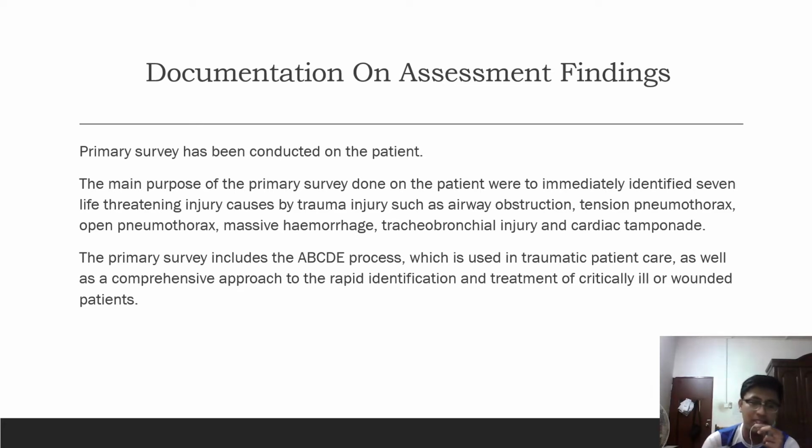The primary survey includes the ABCDE process, which is used in trauma patient care, as well as a comprehensive approach to the rapid identification and treatment of critically ill or wounded patients.